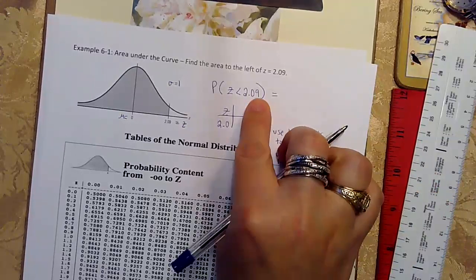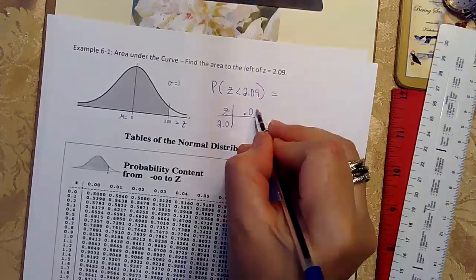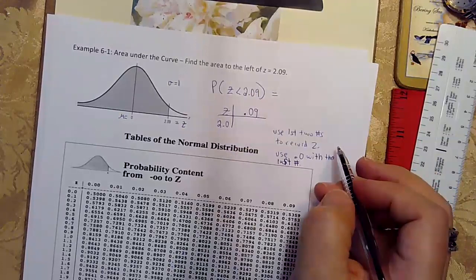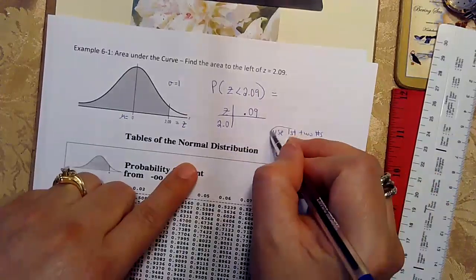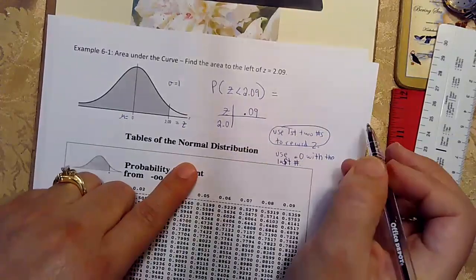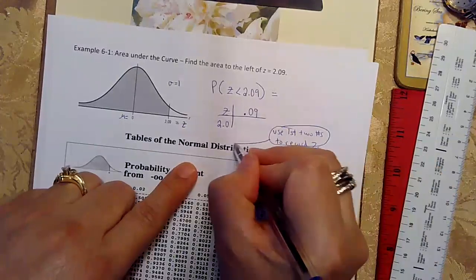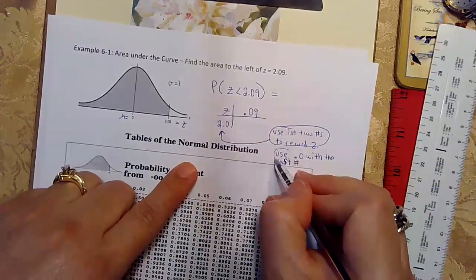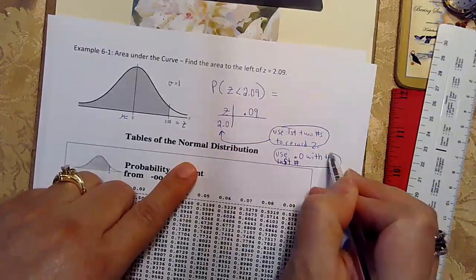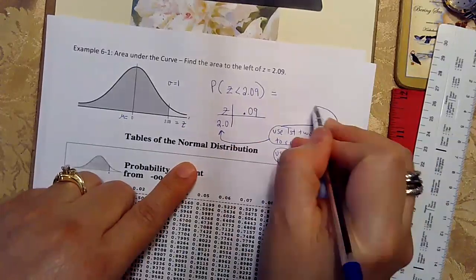Last number is 9. So when you use the first two numbers to record your Z, that goes here. And when you use 0.0 with the last number, that's reflective of this.